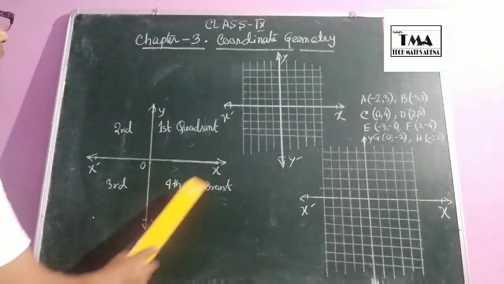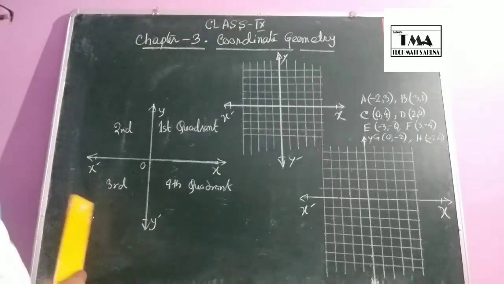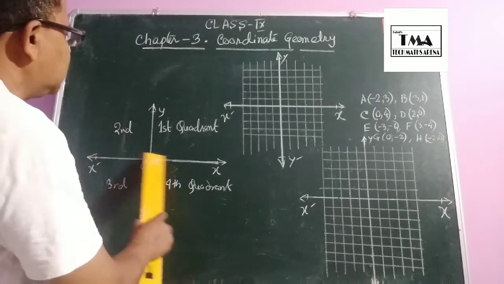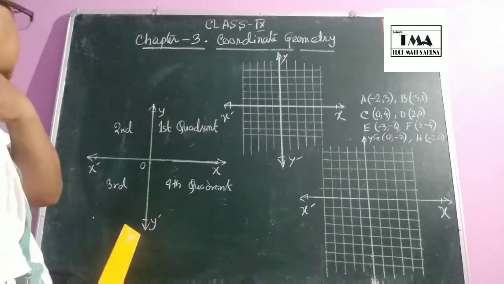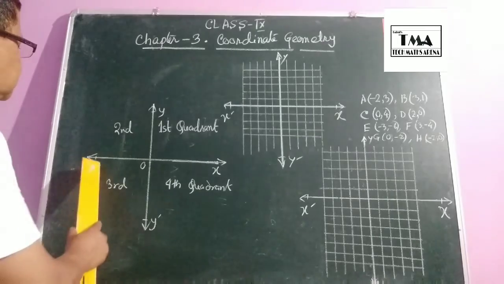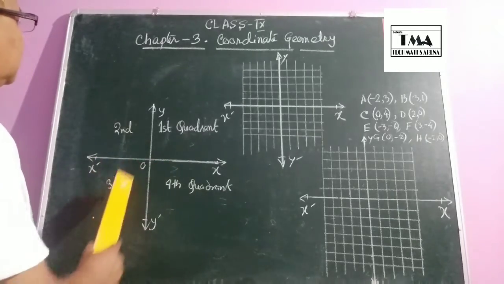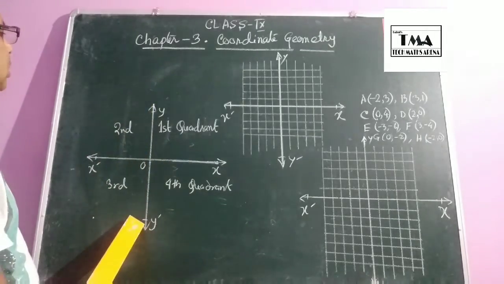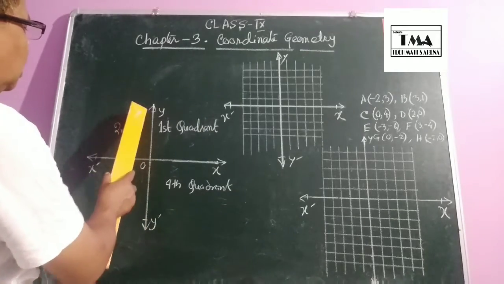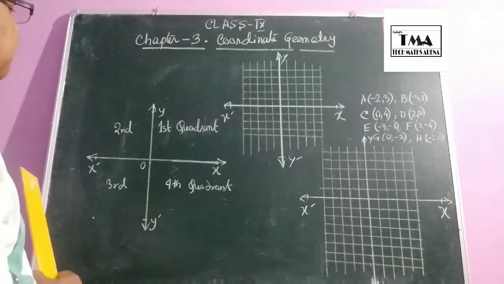One is vertical and another is horizontal. Generally, the horizontal axis is called the x-axis, which is X'OX, and the vertical axis is called the y-axis, which is named YOY'.